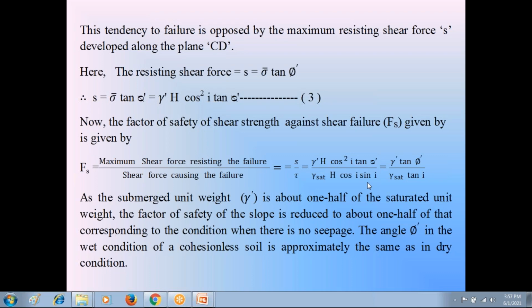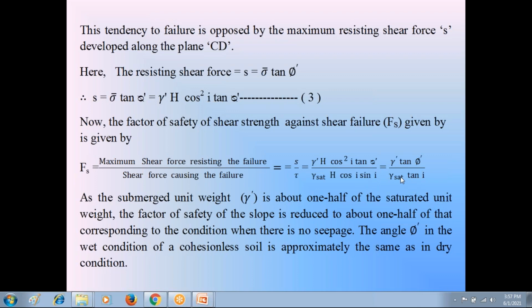In this seepage flow condition, you will get the equation of factor of safety. Fs is equal to gamma dash by gamma saturation, tan phi dash by tan i. This is the equation of factor of safety in the seepage flow condition for the infinite cohesionless soil slope.